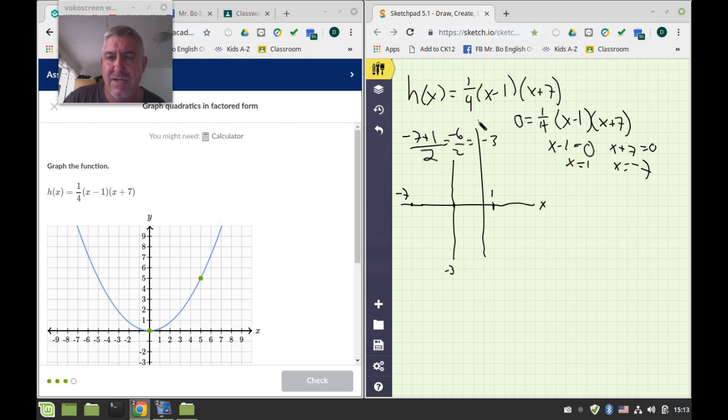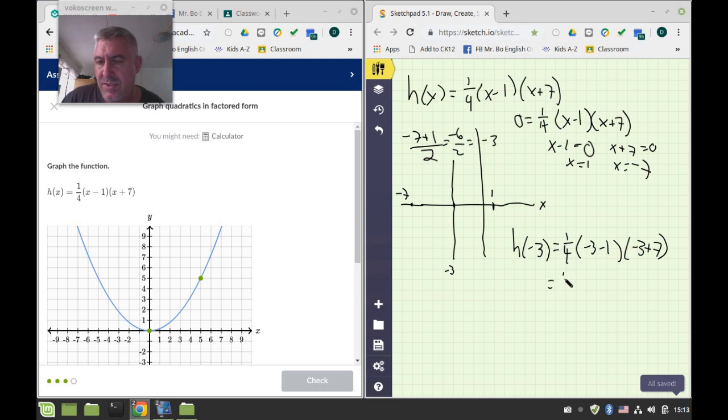I substitute in. Okay, so now I'm going to find h of -3 is equal to 1/4 times -3 minus 1 times -3 plus 7. So equals 1/4 times -4 times 4, and there we have those numbers again.